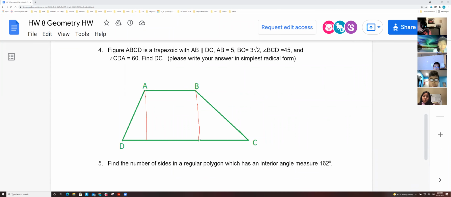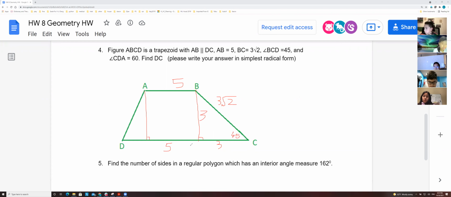So AB is 5, and BC is 3 root 2, and since BCD is 45 degrees, that means there's another rule, the 45-45-90 rule, where the hypotenuse is the two sides times square root 2. So the two sides have to be 3 in this case. This means the bottom, the middle bottom segment, is 5.